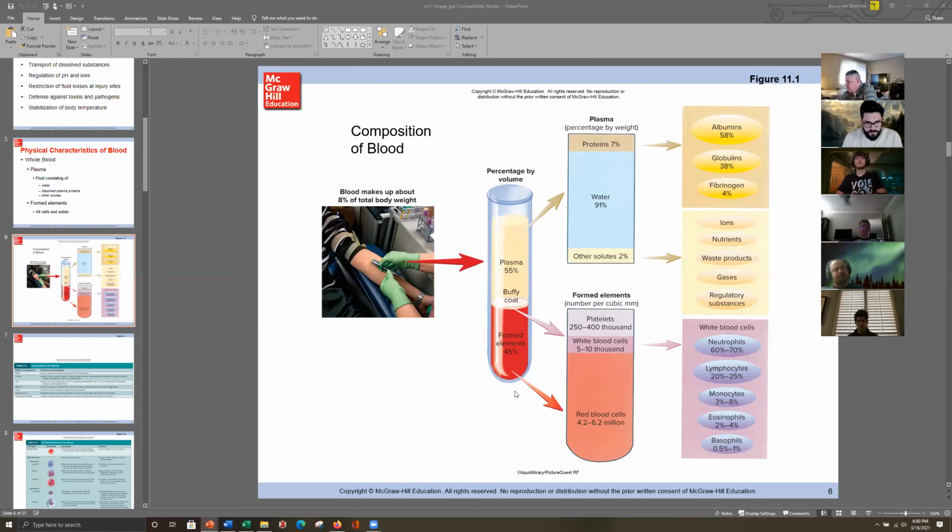About how many red blood cells do you have in your body? Think about that for the next 18 minutes. You don't have to solve it, but it's a fun little thought experiment to put in perspective how many red blood cells you have in your body.